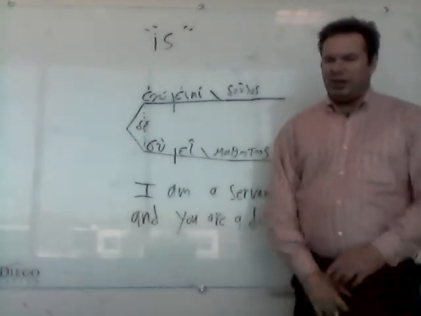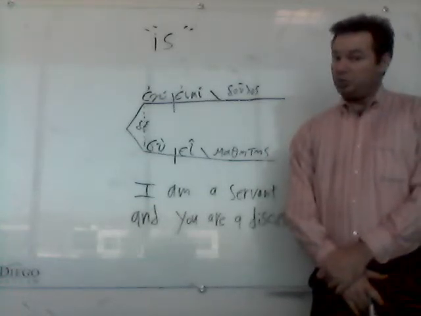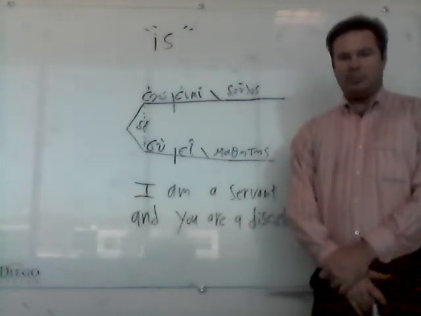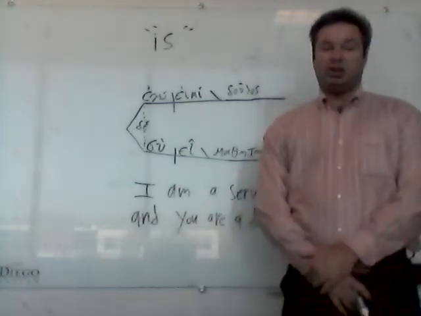So just note that if you were to decline those personal pronouns, you would find that they were both nominative, and so they are functioning as the subject of the sentence.